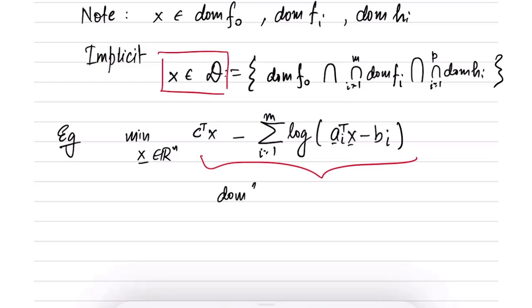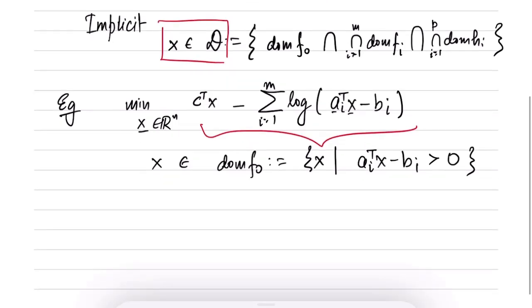So the domain of f naught in this case should be the set of all x such that this logarithm is well defined. Remember that things are in real space here, and the objective must always be a real number. So we require therefore that ai transpose x minus bi is greater than 0, and this should hold for all i from 1 to m.